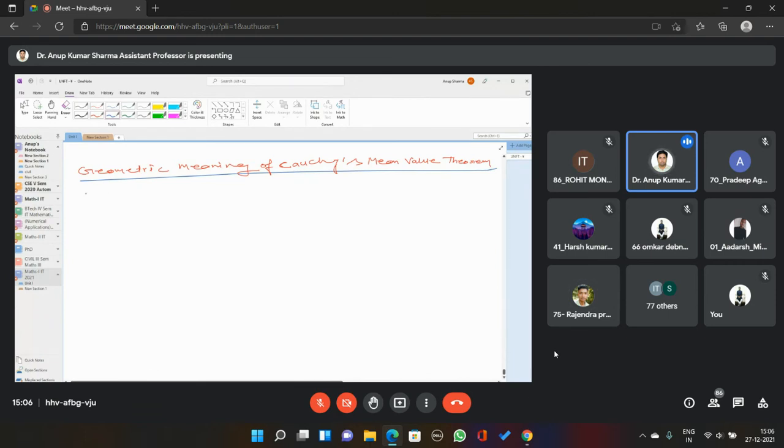Suppose the curve gamma is described by a parametric equation. Let gamma be a curve represented by the parametric equation x is equal to f(t) and y is equal to g(t).